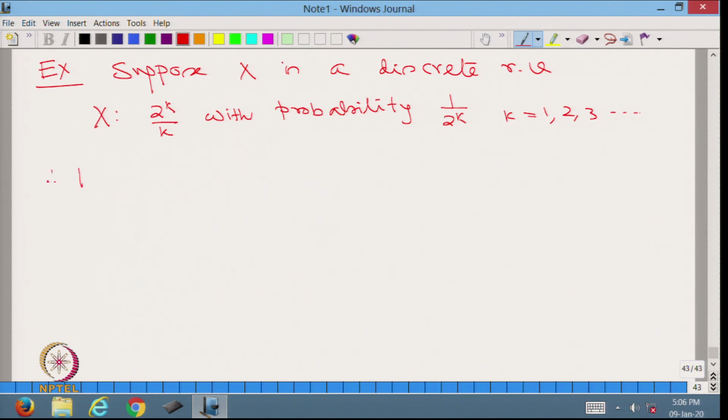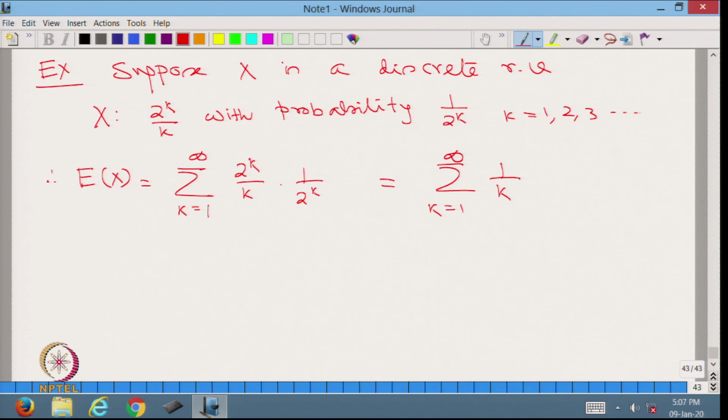Therefore, expected value of x is going to be sigma k is equal to 1 to infinity 2 to the power k upon k multiplied by 1 upon 2 to the power k, which is sigma 1 by k, k is equal to 1 to infinity.